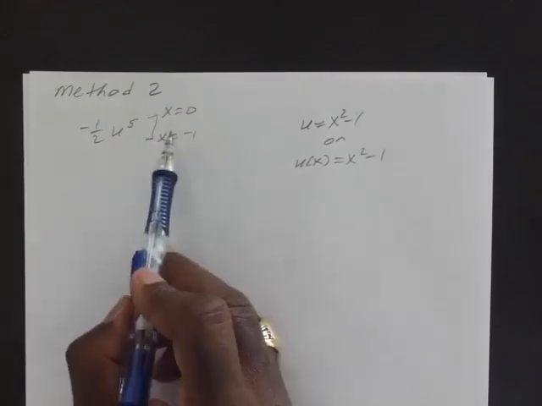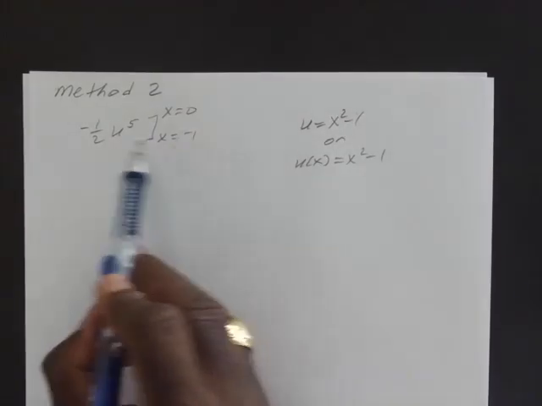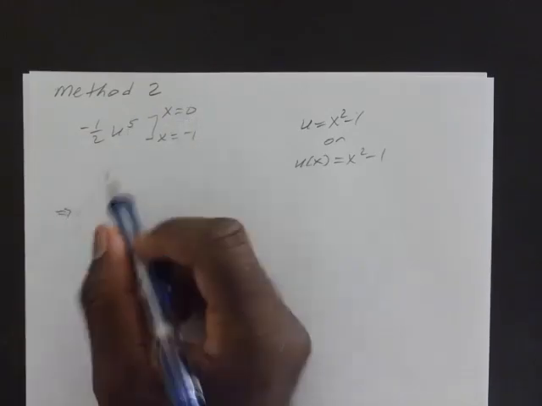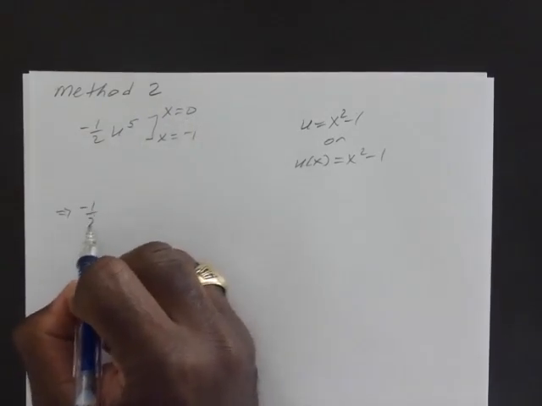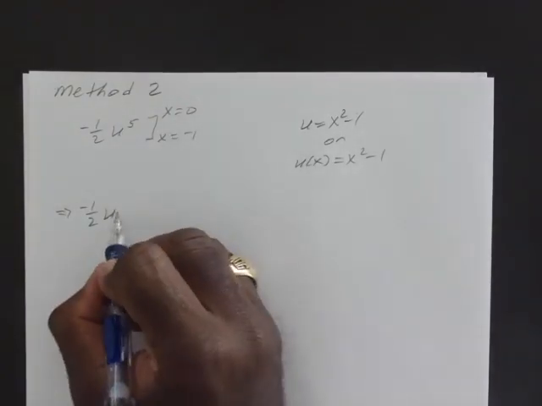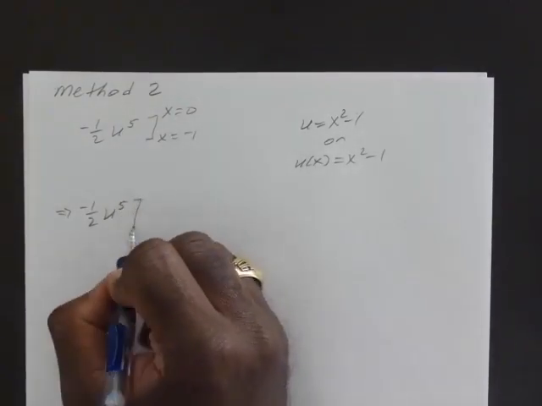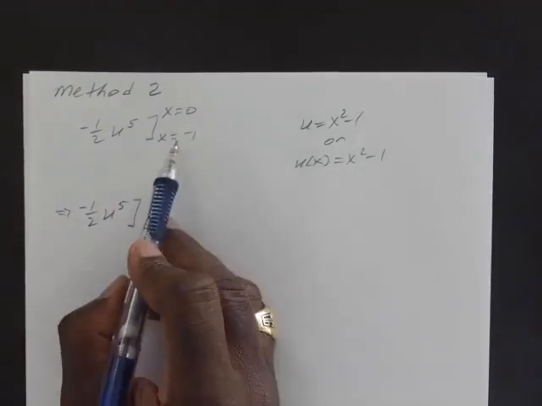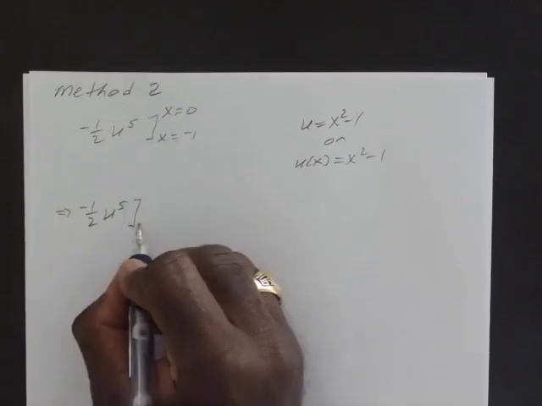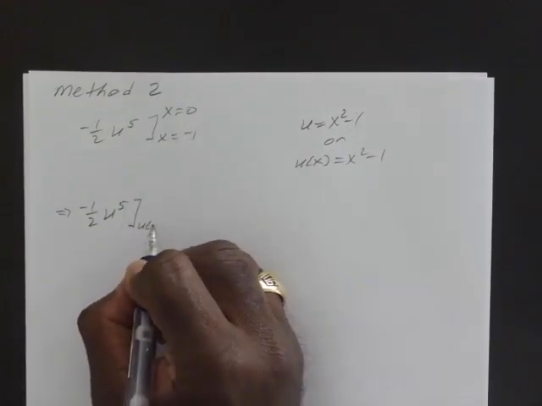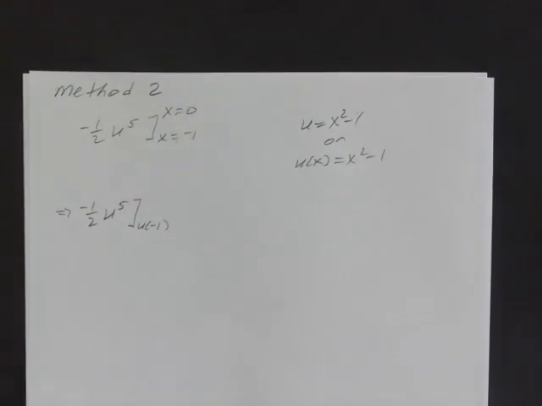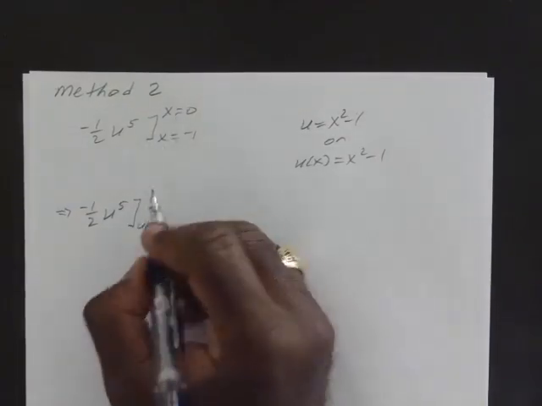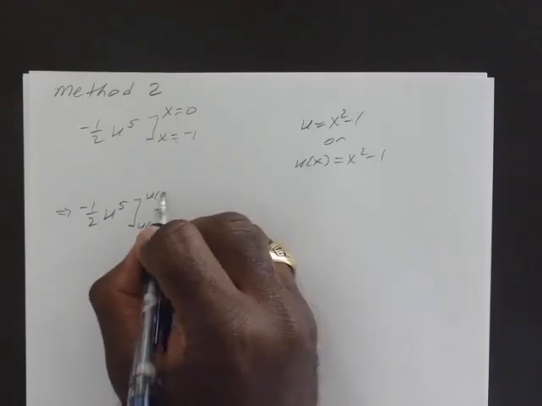So we know we can't plug in x equals -1 or x equals 0, but what we can do is rewrite our upper and lower limits to become the upper and lower limits for the function of u. So since our lower limit is -1, we just have to replace that with u of -1. And since our upper limit is 0, we just replace that with u of 0.